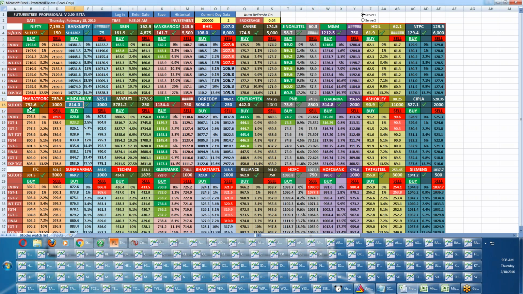So Bharat Forge has hit a stop loss, 795.30. 792.60 is your stop loss. We had a buy call there.